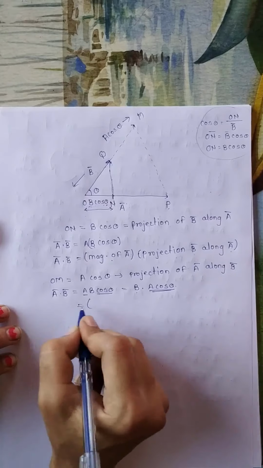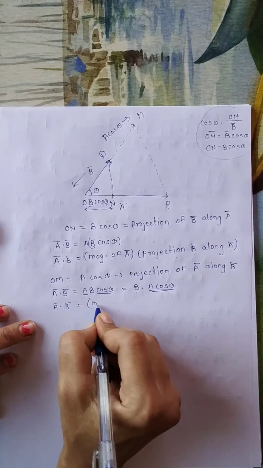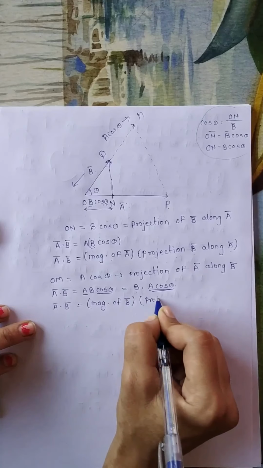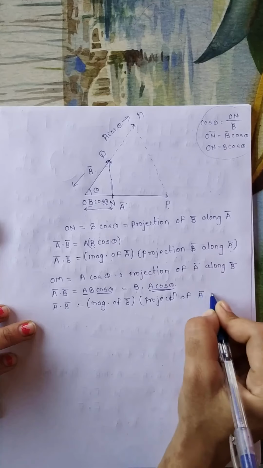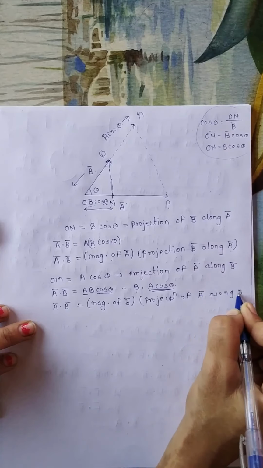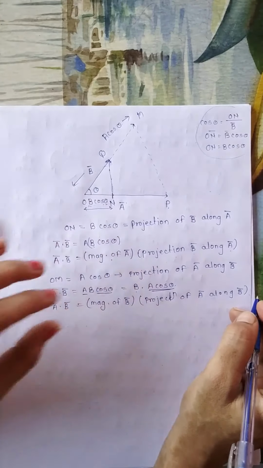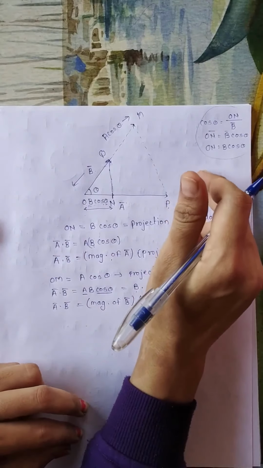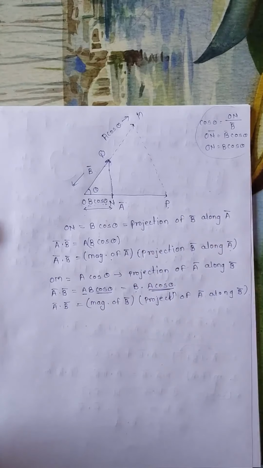So I can say that the dot product of A bar and B bar is nothing but the product of the magnitude of B bar and the projection of A bar along B bar. So this is another way in which we can represent or define the dot product, using the geometrical way, which is the concept of projection. So this is all about the scalar product of two vectors A bar and B bar.